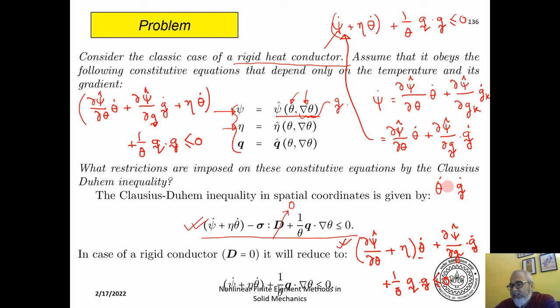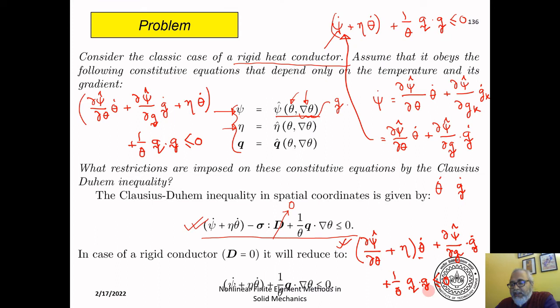So I can vary theta dot and g dot in any which way I like, and these coefficients will not be affected as long as theta and g are fixed. At any fixed theta and g, I can always find a theta dot and a g dot combination which will violate this inequality.